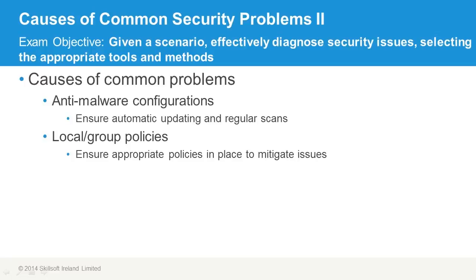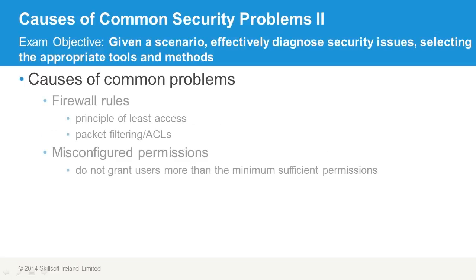So you need to make sure that your configuration is correct there and that the policies are coming down and that they are doing what they're supposed to be doing to prevent users from being able to corrupt their systems, either maliciously or unintentionally. In most cases, it is something that's unintentional, but regardless of how it happens, policies are meant to prevent it from happening. So you just want to make sure that they are in place.